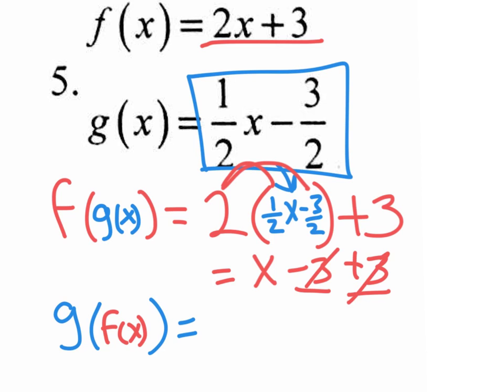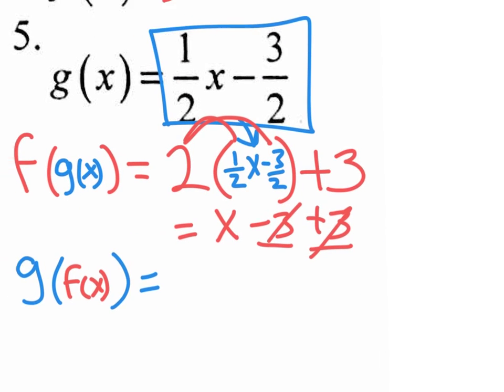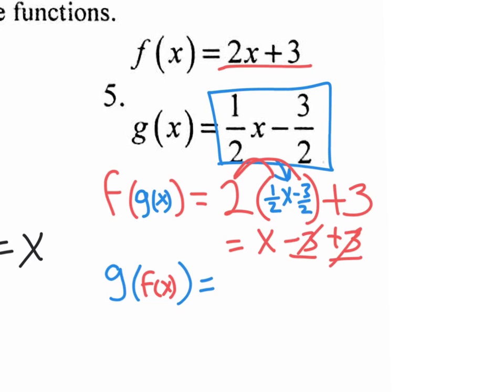So my g of x function is 1/2, but instead of x I put parentheses, minus 3 halves. And I want to take my f of x function, which is 2x plus 3, and plug this in to the parenthesis.